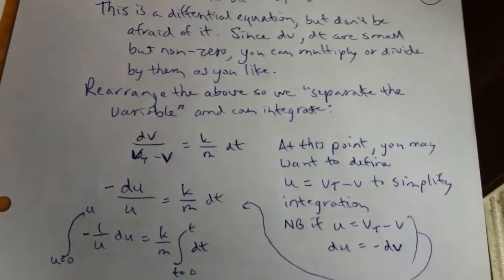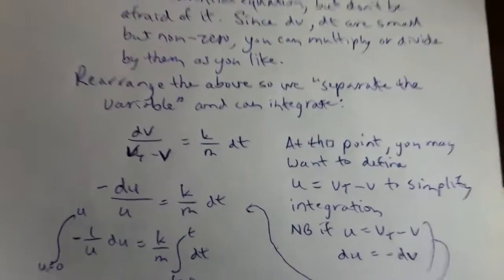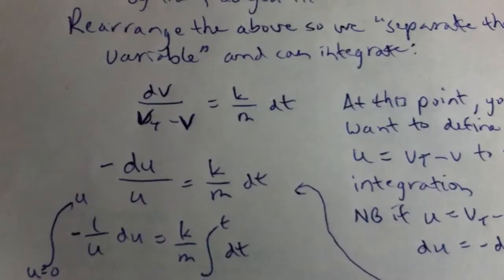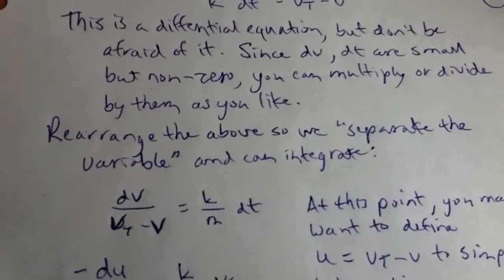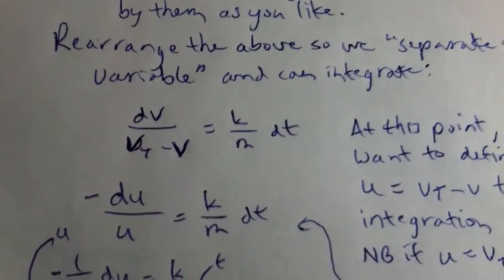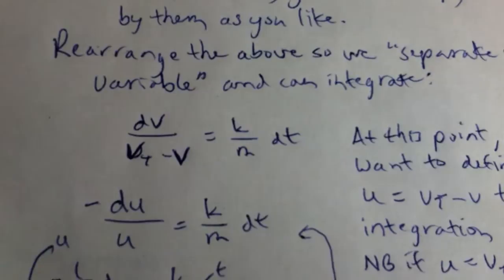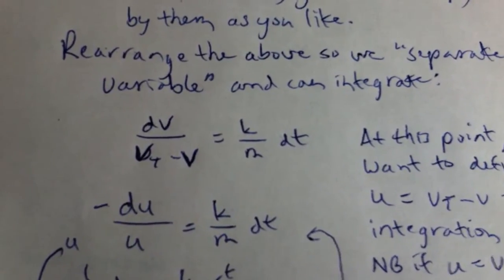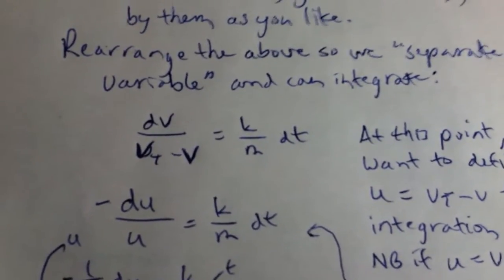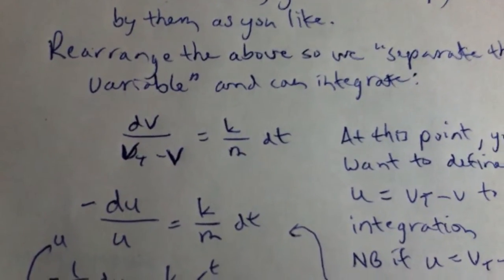In order to integrate this differential equation, we're going to take this expression and separate the variables. So we've rearranged the above equation to put all the dv and v stuff on one side and the dt term on the other side.